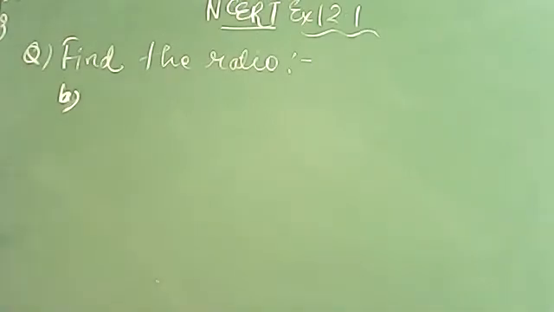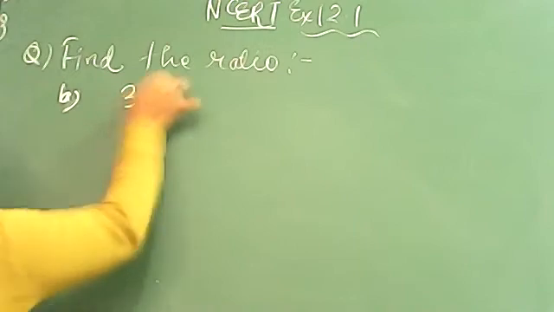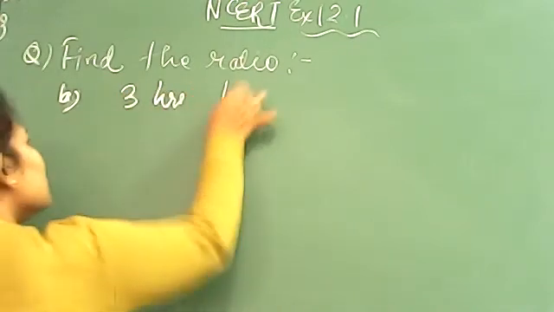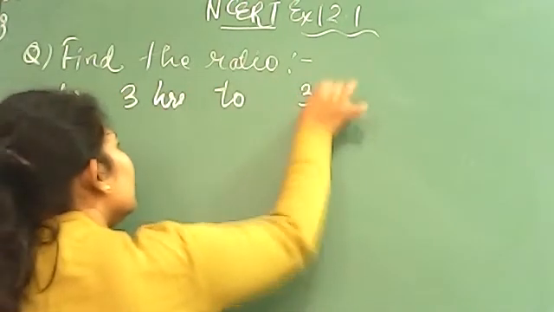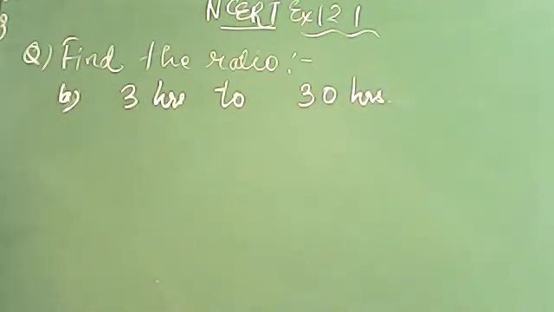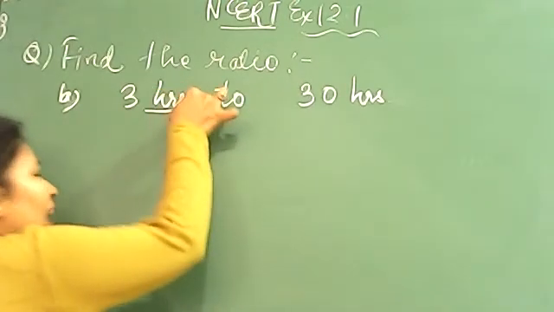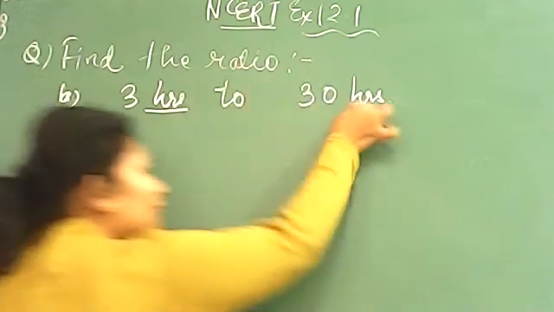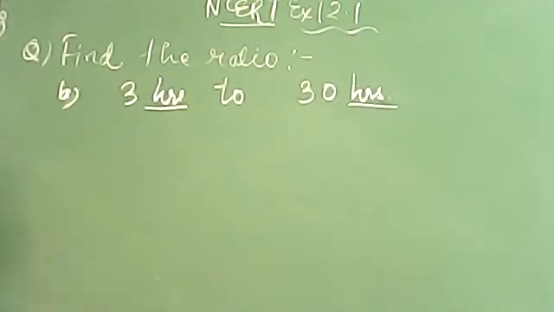Now suppose your question is 3 hours to 30 hours. If you must be remembering, yesterday we discussed, when we find out ratio, the similar quantity should be there. Similar quantity means, beta, you have to check that if you have hours, the second one should also be in hours only.